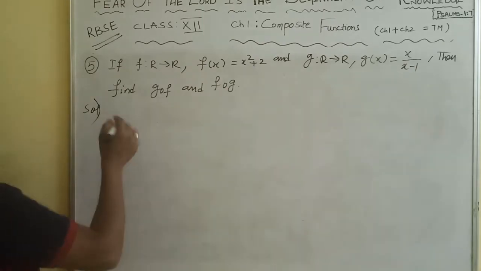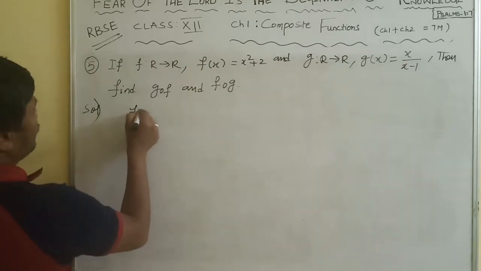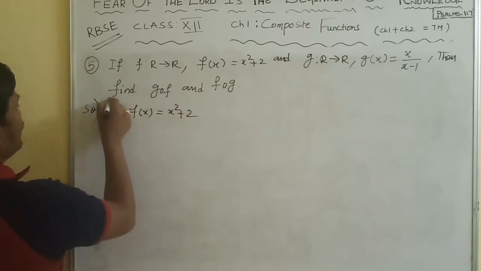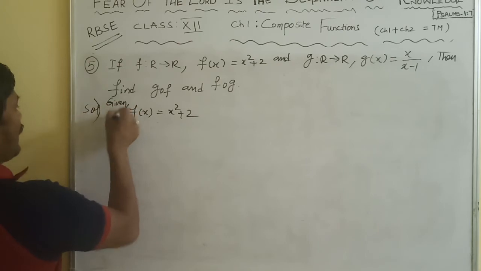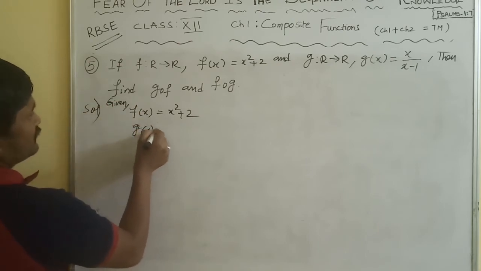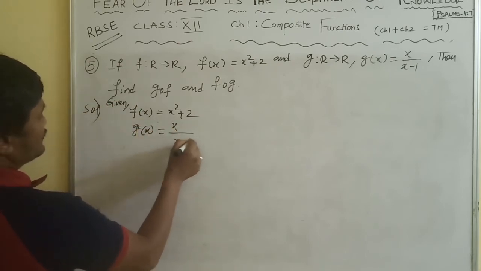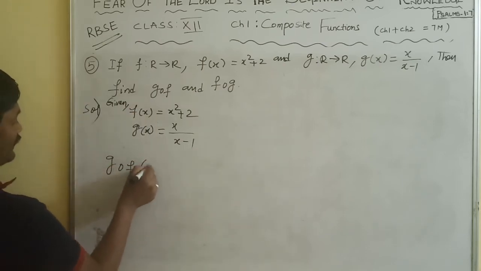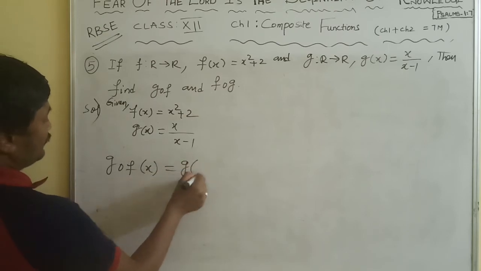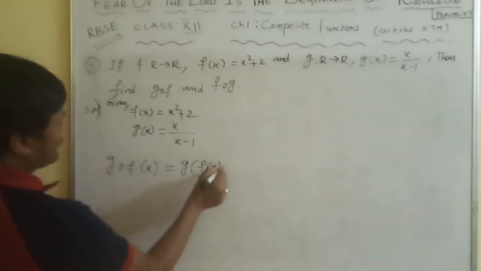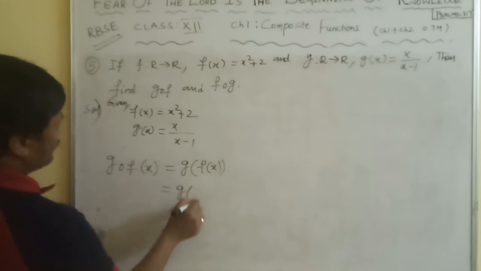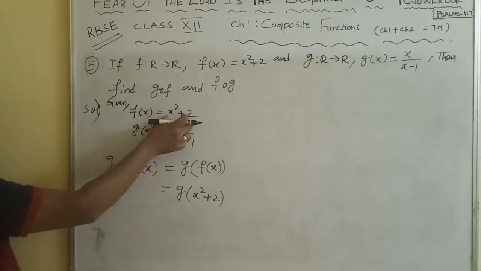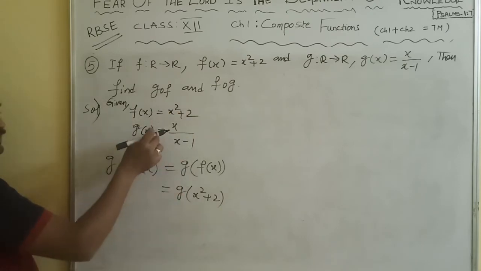I'm directly solving now. So first I'm writing what is f of x, x square plus 2, given. What is our g of x? That is x upon x minus 1. Now first one, g circle f of x. So again g of f of x. So g of, what is f of x? x square plus 2. So now just substitute this x square plus 2 wherever x is in g of x.